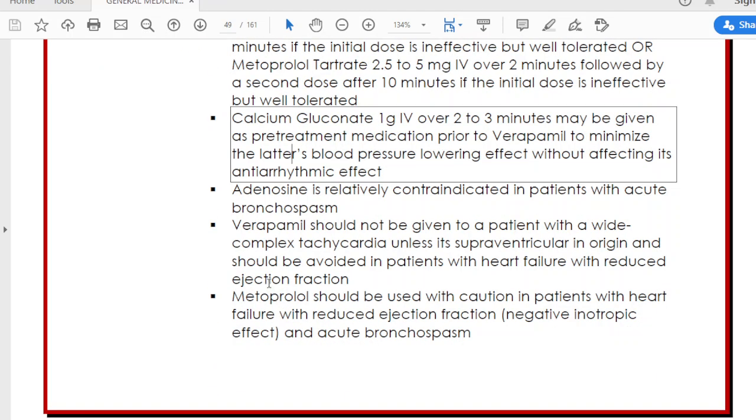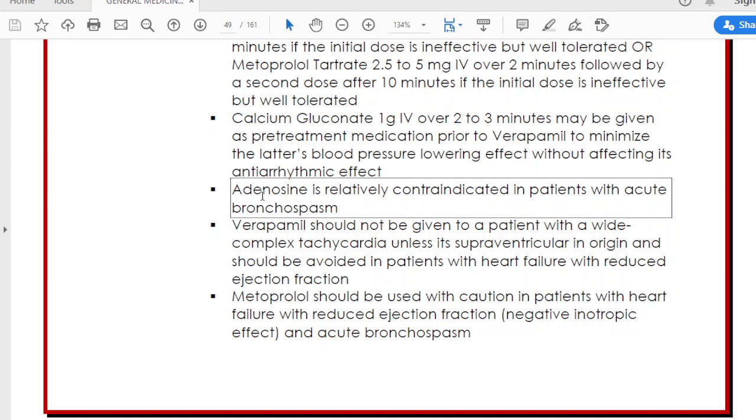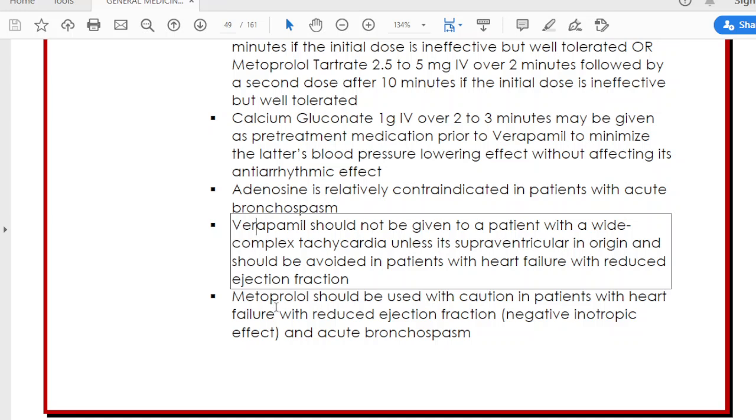Calcium gluconate 1 g for over 2 to 3 minutes may be given as pretreatment medication prior to verapamil to minimize the latter's blood pressure lowering effect without affecting its antiarrhythmic effect. Adenosine is relatively contraindicated in patients with acute bronchospasm. Verapamil should not be given to a patient with a wide complex tachycardia unless it's supraventricular in origin and should be avoided in patients with heart failure with reduced ejection fraction.